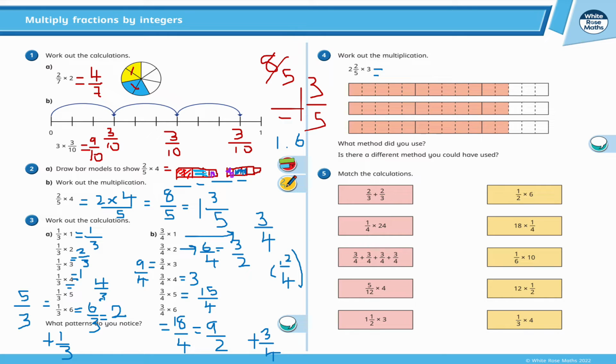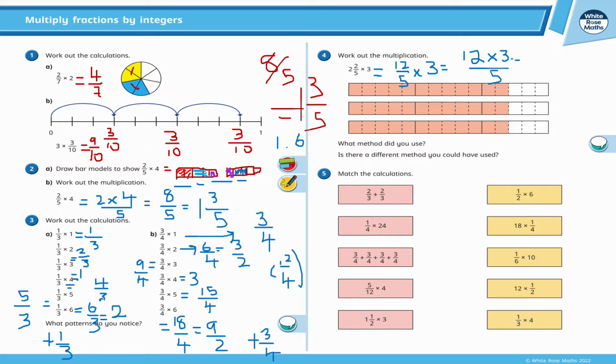Question number 4, work out this multiplication, 2 2/5 times 3. Now I'm going to change this to an improper fraction. So I do 5 times 2, which is 10, plus the 2 on the top, I get 12. So the answer is 12/5 times 3. Now when I multiply a fraction by a whole number, I multiply by the numerator and keep the denominator the same.